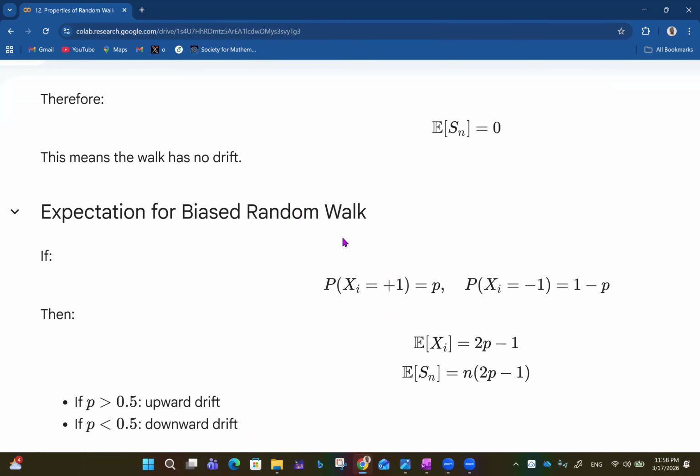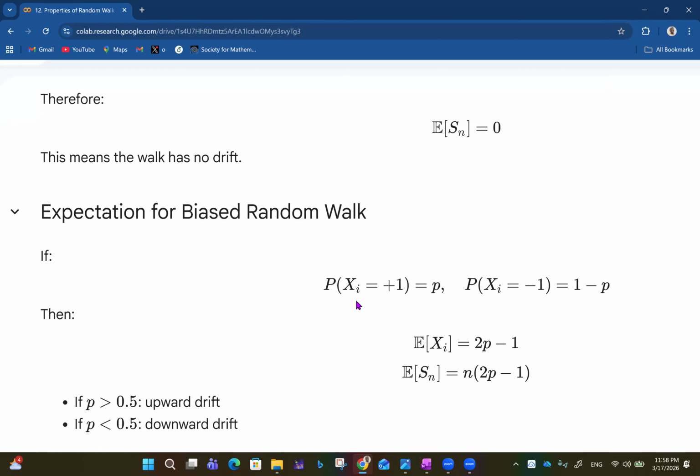Now, expectation for a biased random walk. A biased random walk is one that is not evenly distributed. Maybe the chance of going right is higher than the chance of going left, and that's biased. If the chance of going left is higher than the chance of going right, it's also biased. It is unbiased when it is symmetric, where the probability of going right or left is exactly the same.